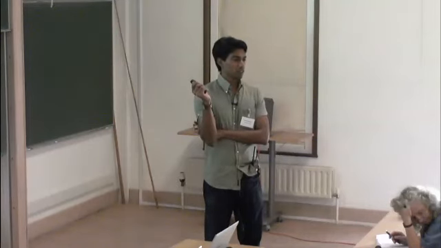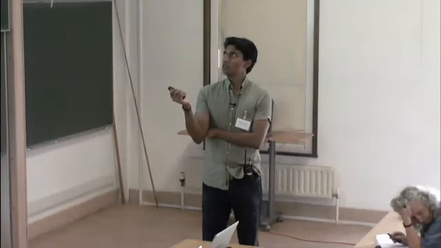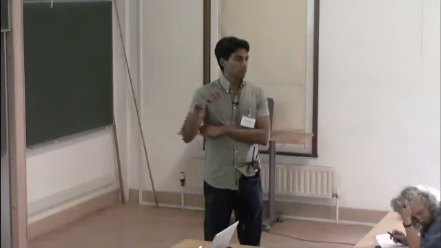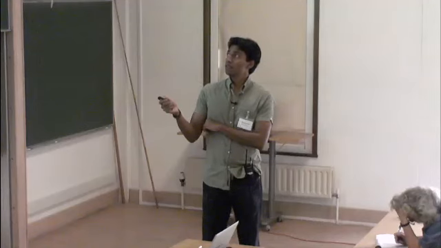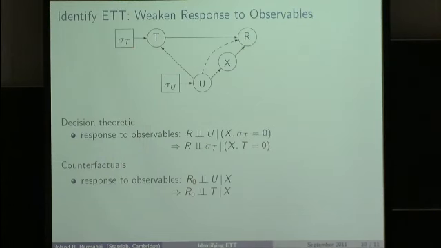Well, in this case, the sort of interventions considered on U aren't fixed interventions, so we don't assume that U can be interfered with by fixing it. It's just a random intervention. So you can set T, but as you can see, U is independent of sigma T.